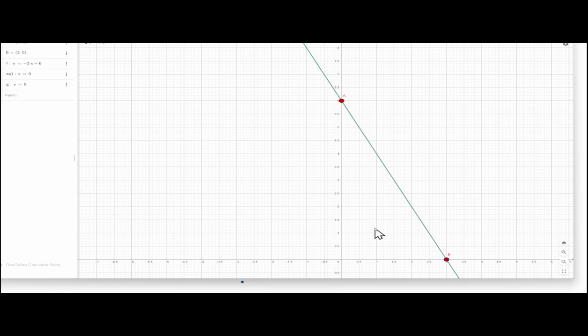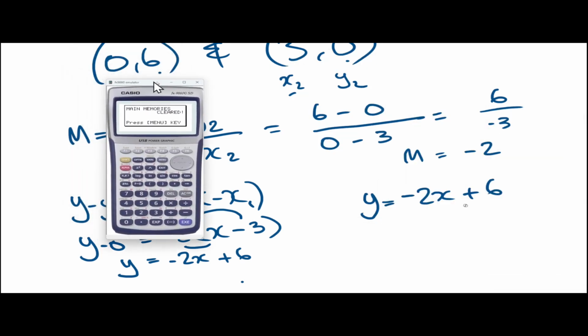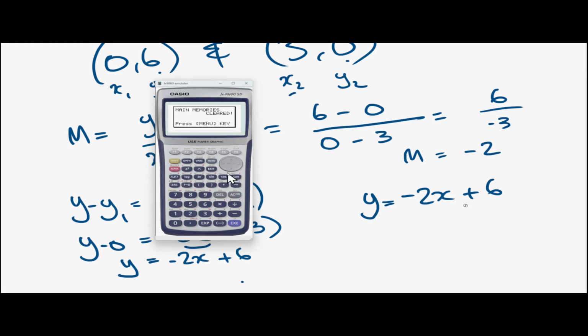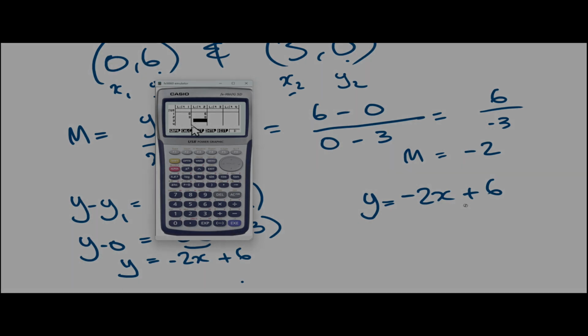How would we do it on the Casio calculator? Well, let's do it. So we know that this line goes through these 2 points. So I'm going to go to All Clear, Menu, and remember I'm going to go to Stats, and I'm going to enter like so. And 0. So you notice these two line up here, 0, 6, 3, 0.